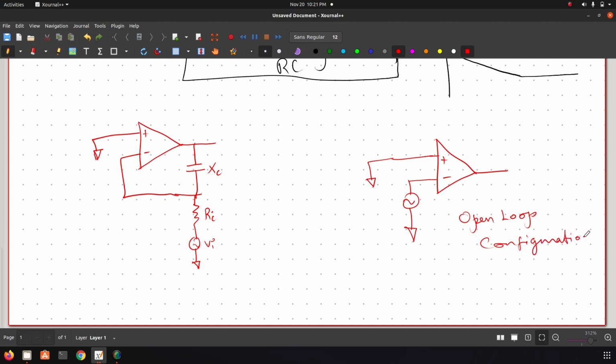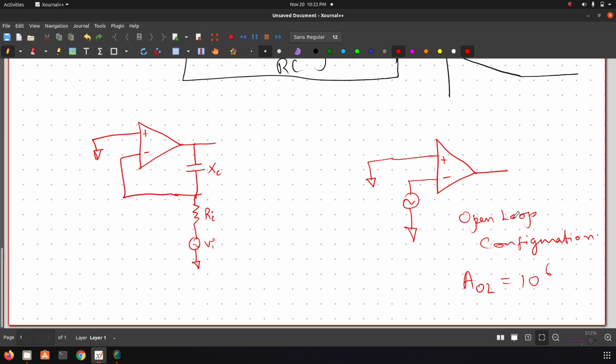So what happened in this configuration? The open loop gain of an op-amp is very high, usually infinity for an ideal op-amp, but for a realistic op-amp it is of the order of 10 power 6.